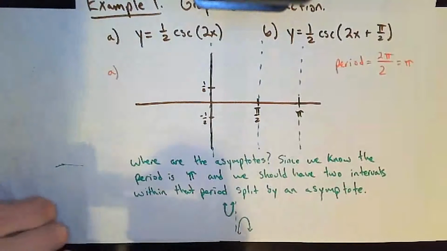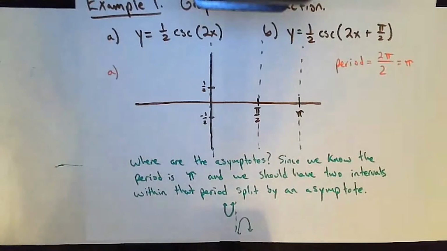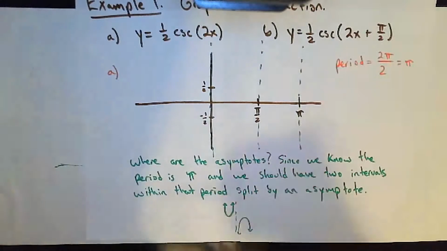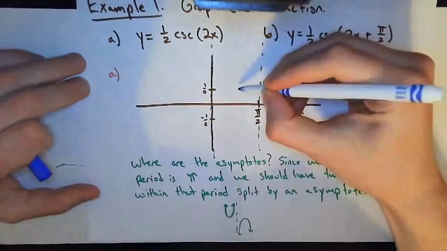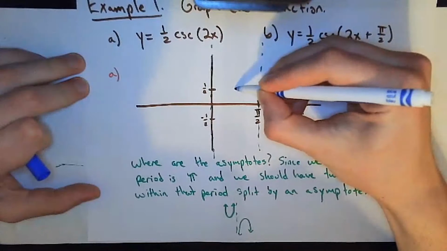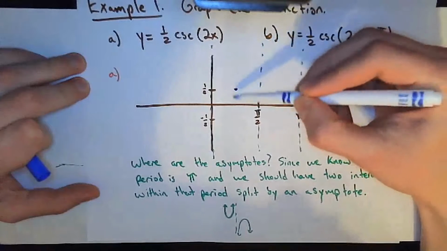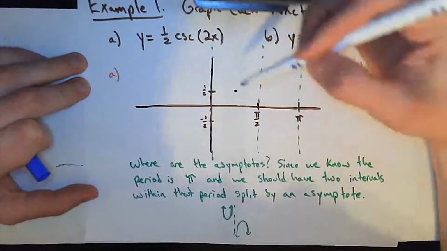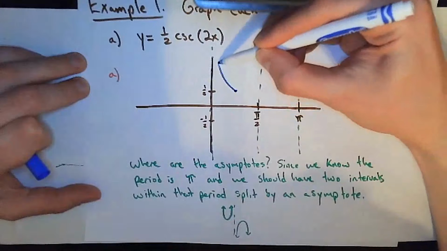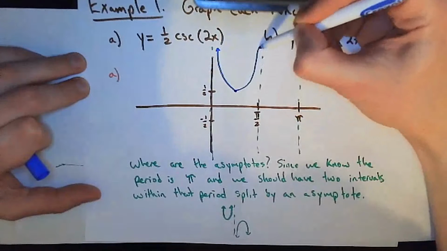Cool. And now all I do is I say, all right, I know that the cosecant graph's lowest local minimum should be at that 1/2 value, and then it's going to blow up to infinity like that and like that.